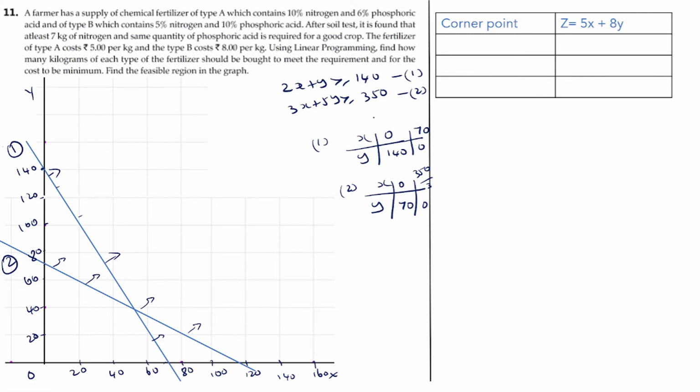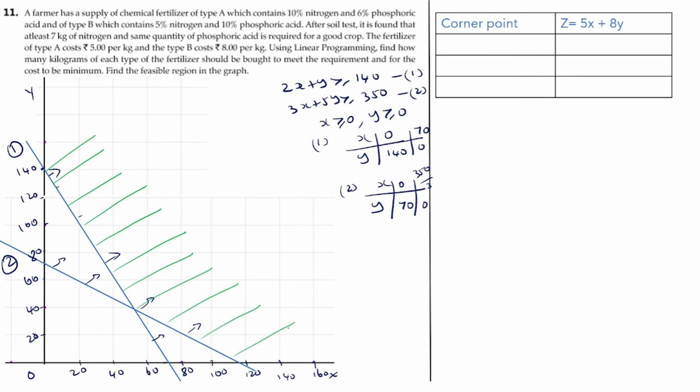And x greater than or equal to 0, y greater than or equal to 0 is the first quadrant. So the feasible region is this region. So this is the feasible region. And we have these corner points.